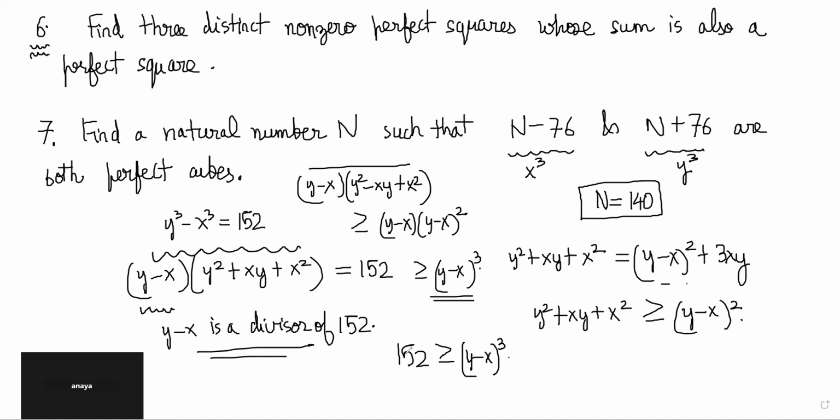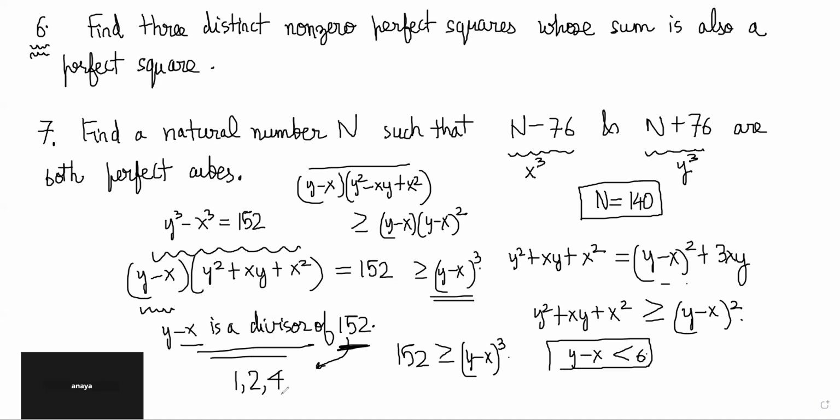Now that easily tells us that obviously y minus x cannot be 6. So y minus x is less than 6, right? Now we also know y minus x is a divisor of 152. The lowest divisors are 1, then 2, then 4.